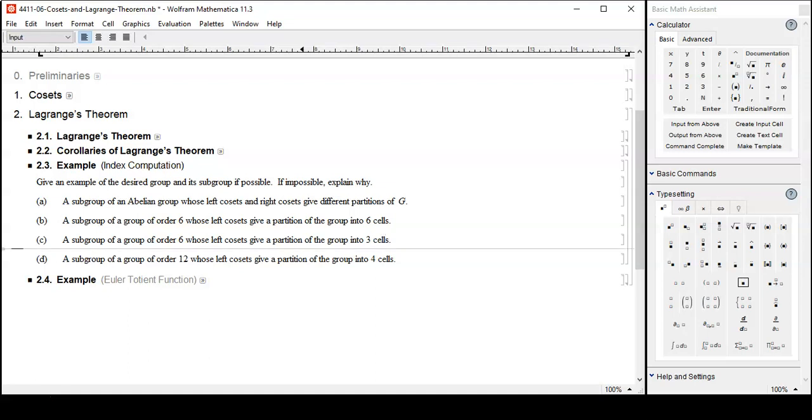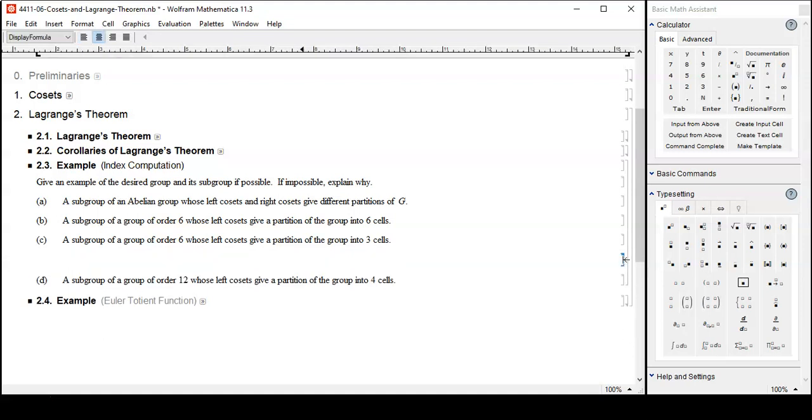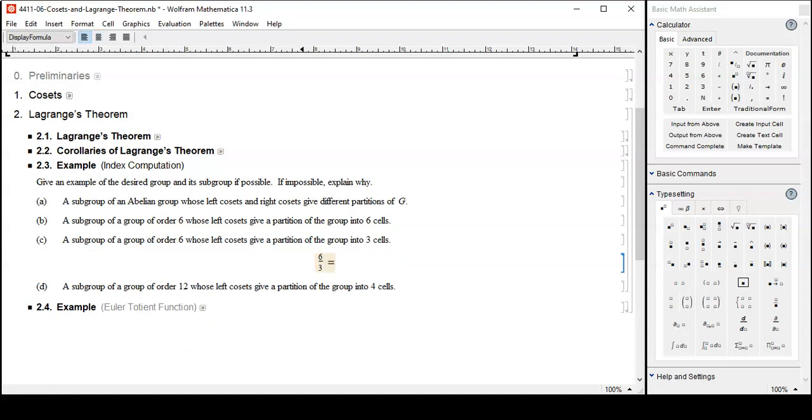Now, if I change it into something like 3 cells, then that's going to be okay. In this case, the order of the subgroup has to be 2, because 6 divided by 3 is 2. So the order of the subgroup is 2, and then 3 cells, 2 times 3 is 6.